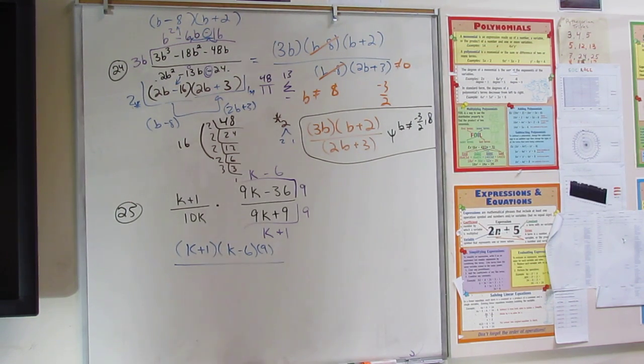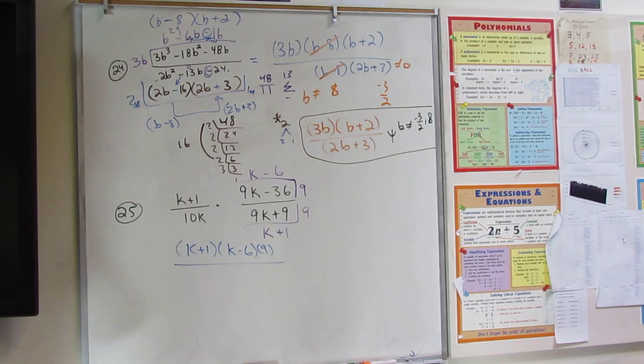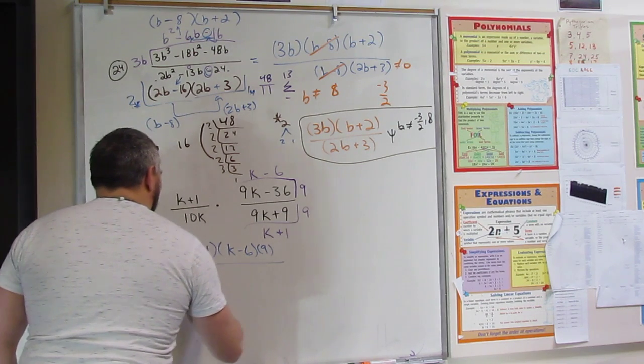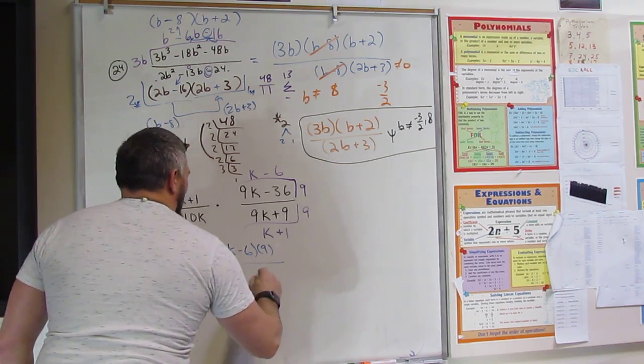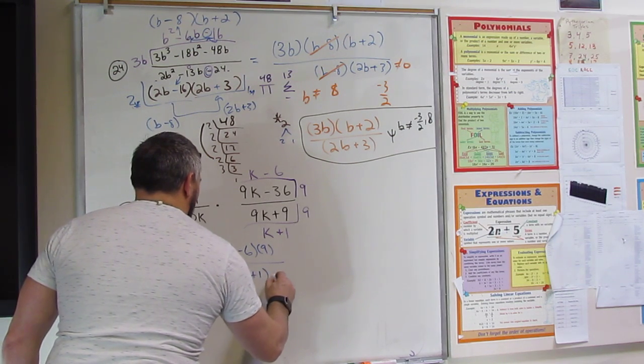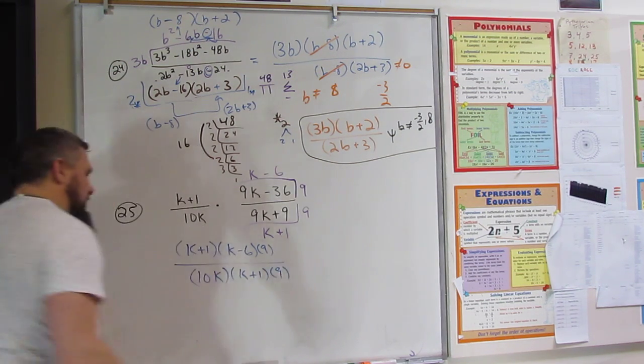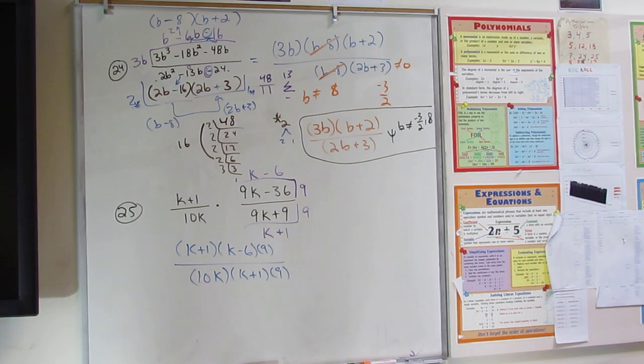You have to do 25 and 26. Uh-oh. And then I've got 10k times 9. Whose phone is that? No, you're not supposed to have phones in class. Sorry, yeah.